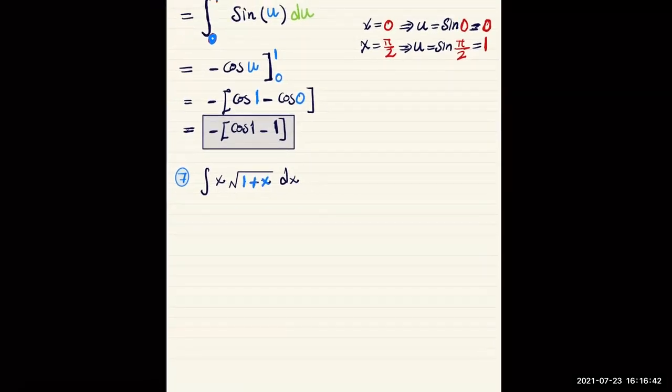If I let u equal the square root of 1 plus x, then du over dx is equal to the derivative of 1, which is 0, and the derivative of x, which is 1. So I multiply by dx, and I get du equal to just dx.